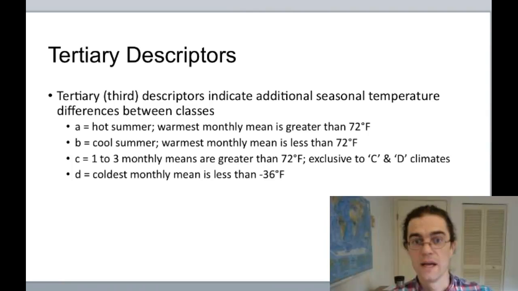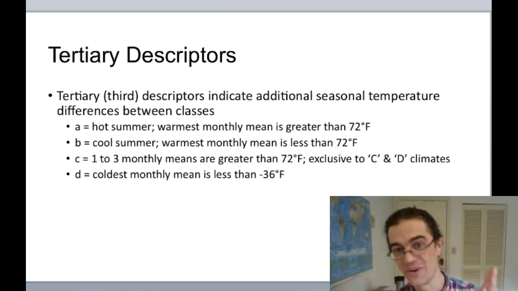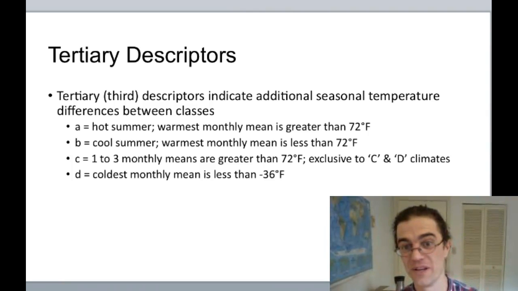And then D, the coldest monthly mean is less than -36 Fahrenheit. Quite cold. Very cold. And what's kind of neat here is we're almost approaching -40. We are approaching it, which is where Fahrenheit aligns with Celsius.